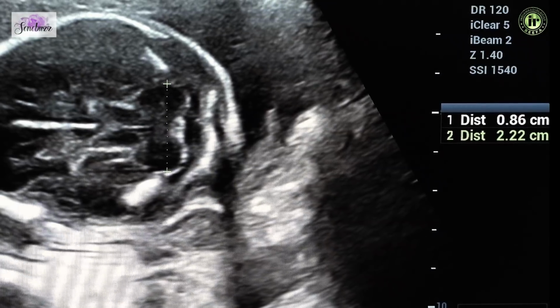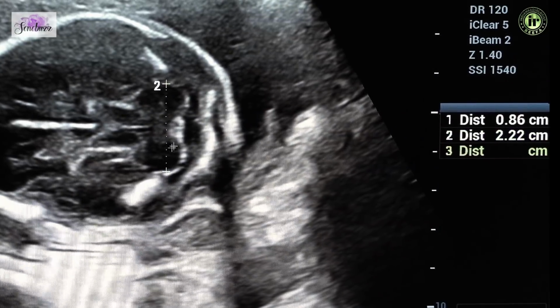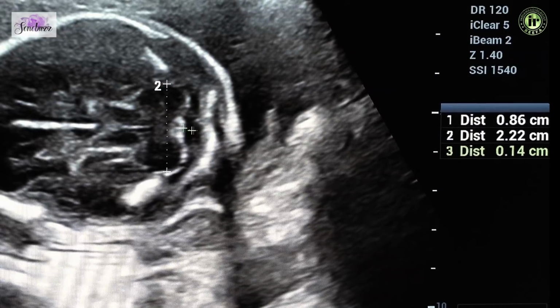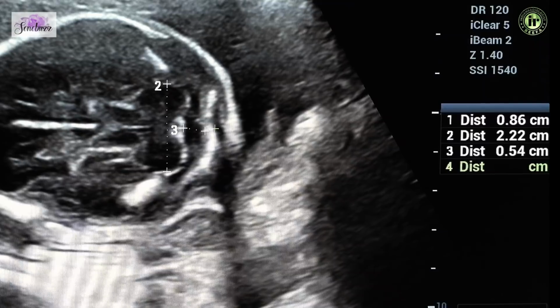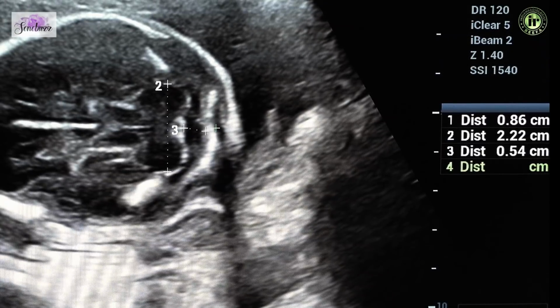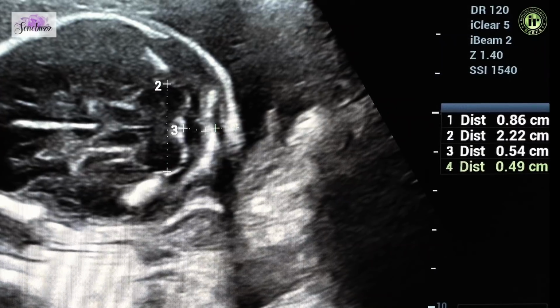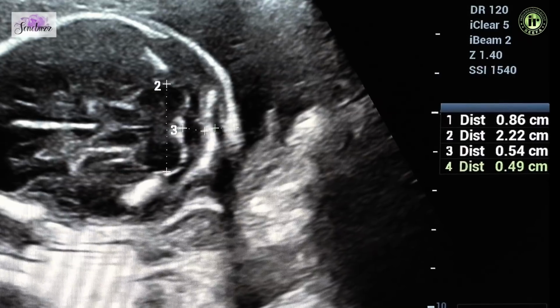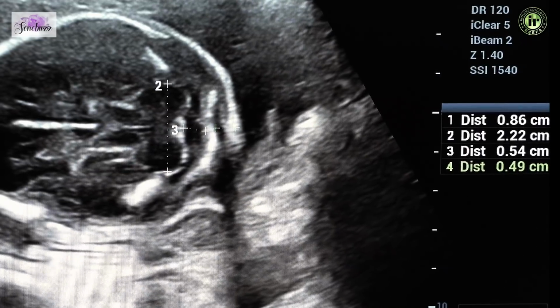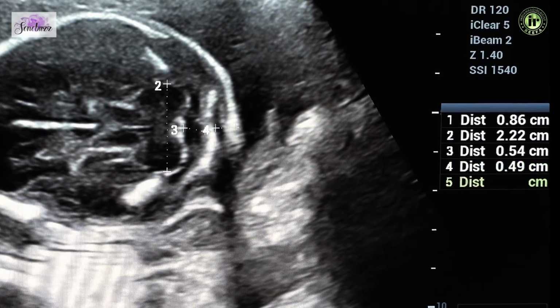So this is how you measure the transcerebellar diameter, and then there is the cisterna magna till the occipital bone. You also take the measurement of the nuchal fold thickness, from the outer portion of the occiput till the outer portion of the skin. This is coming around 4.9 millimeters, so these findings are all normal.